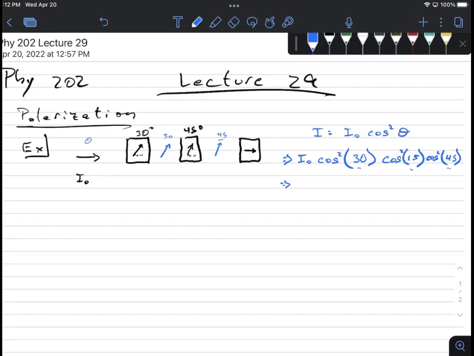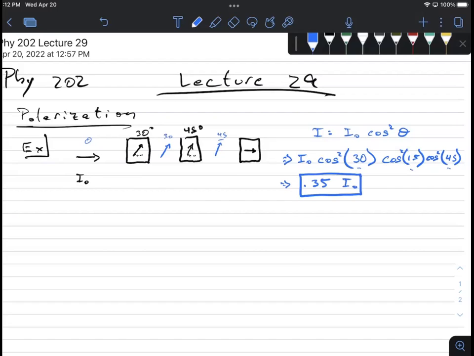All right, so if I put this in my calculator, I have cosine squared of 30 times cosine squared of 15 times cosine squared of 45, and I get 0.35 times I naught as my answer. And so what does it mean?